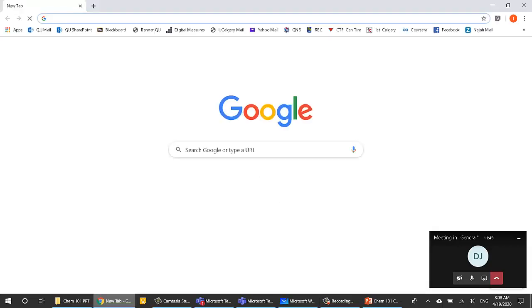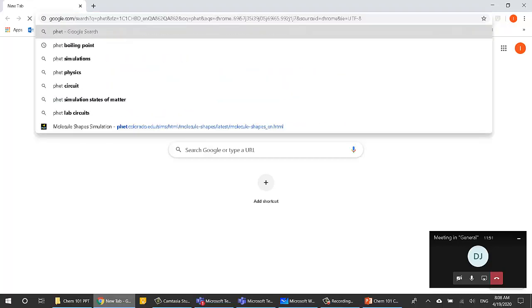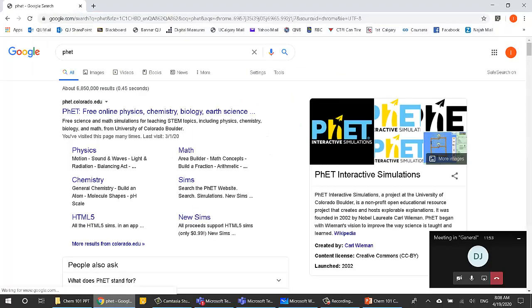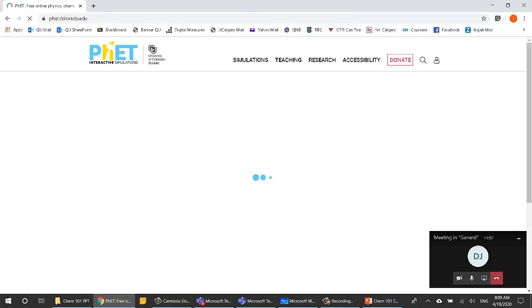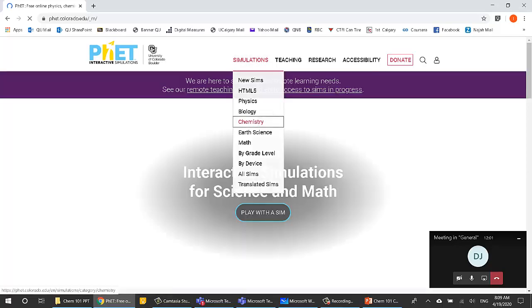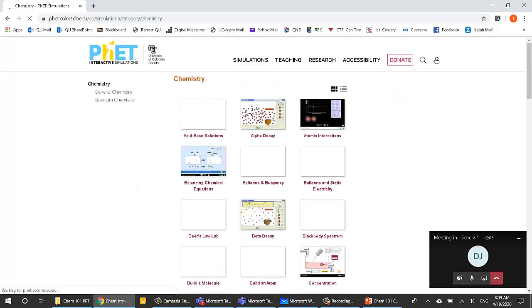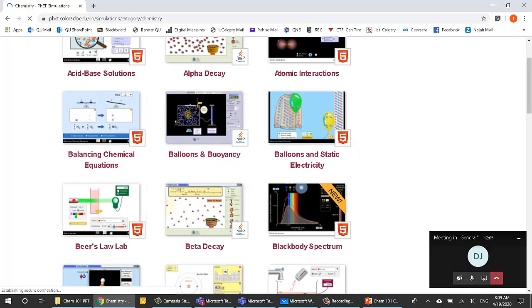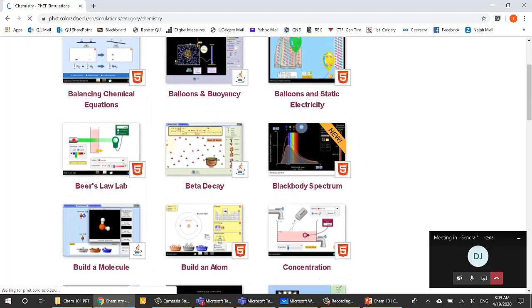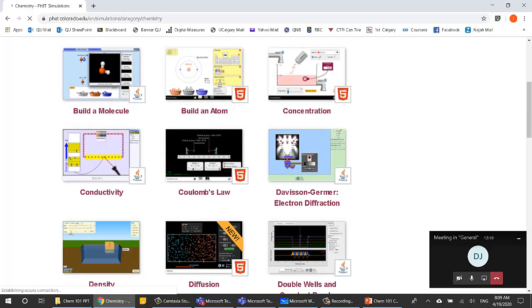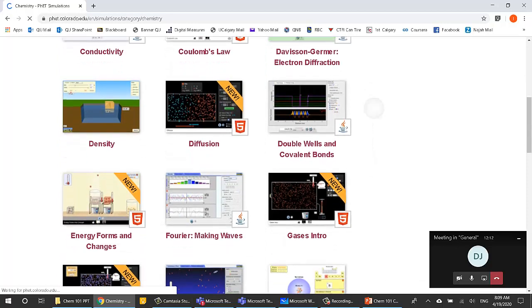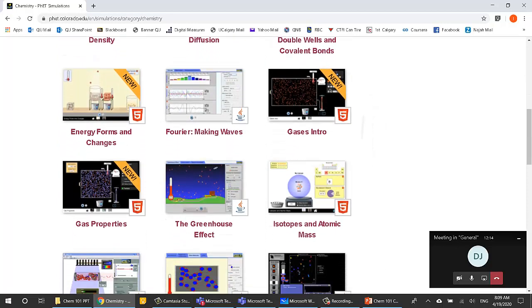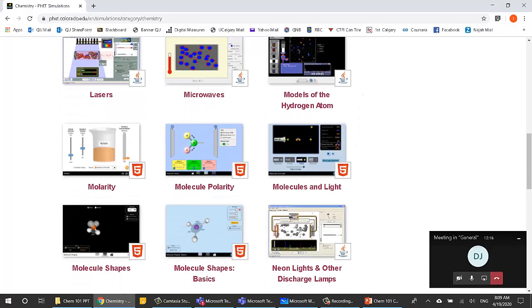So again, if you go to fit.com, this is a good tool to study VSEPR structures from now on, and you go to chemistry, there is one that is about molecule structures, called shapes of molecules.